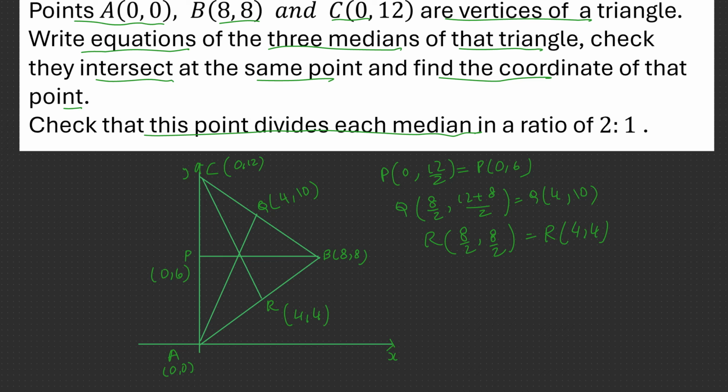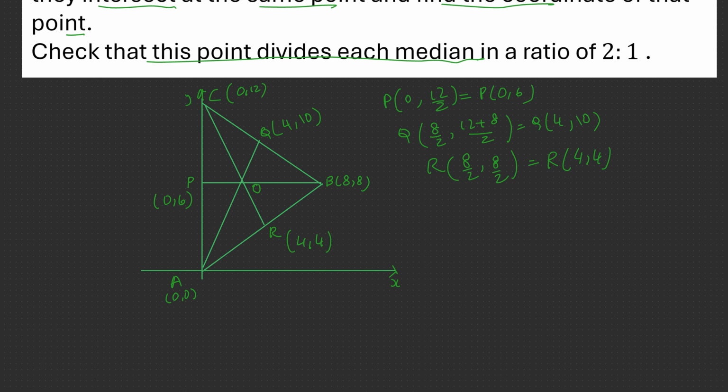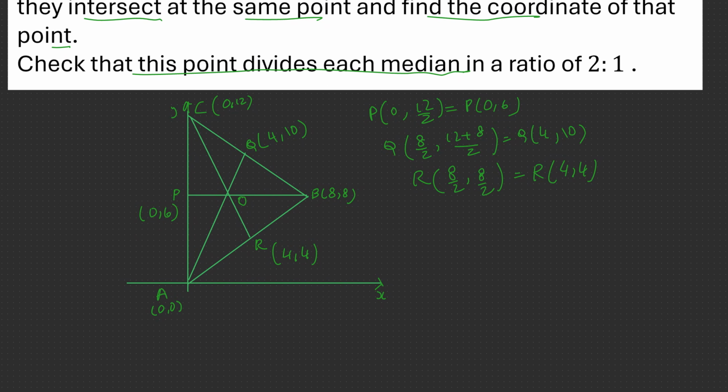So there's a midpoint, the centroid, the coordinates of which we need to find. We need to verify that it's the same point at which all of these medians intersect. So we need to find the equation of the medians. We will start with the equation of BP.